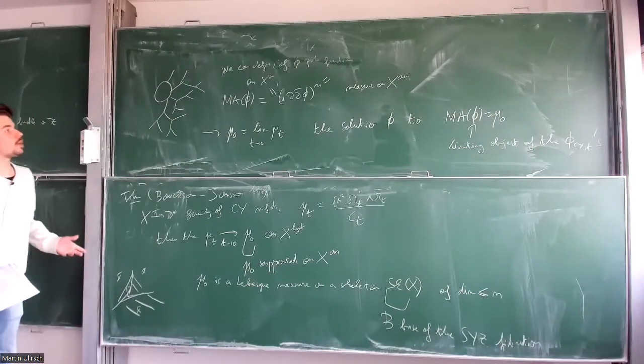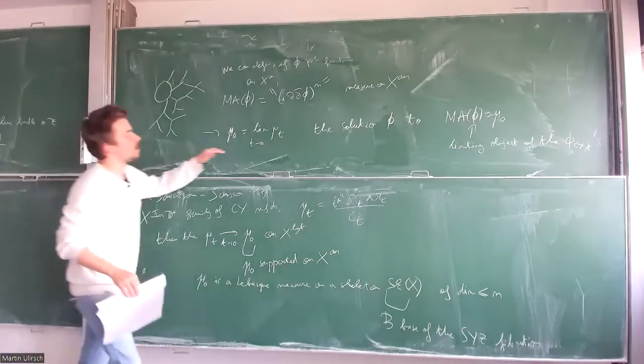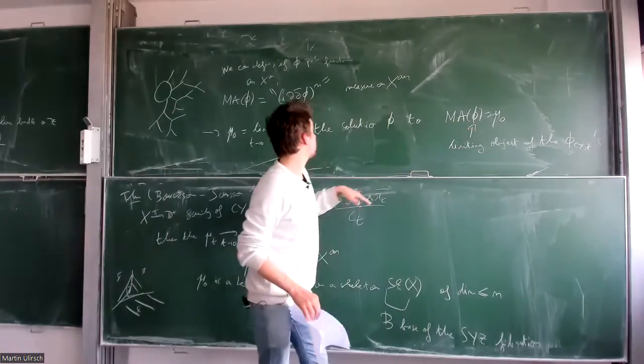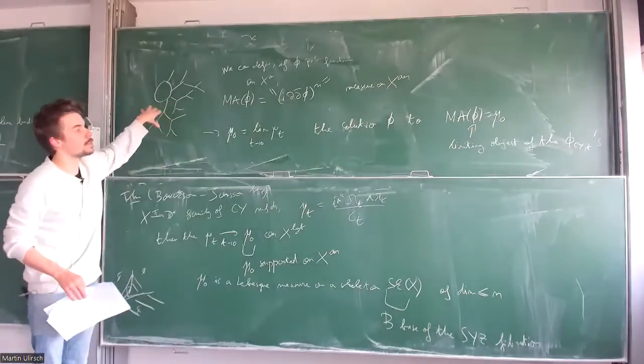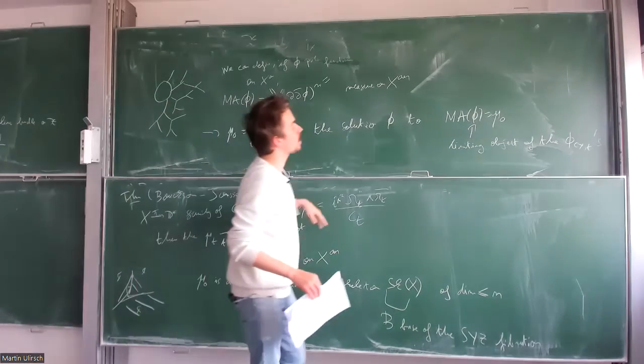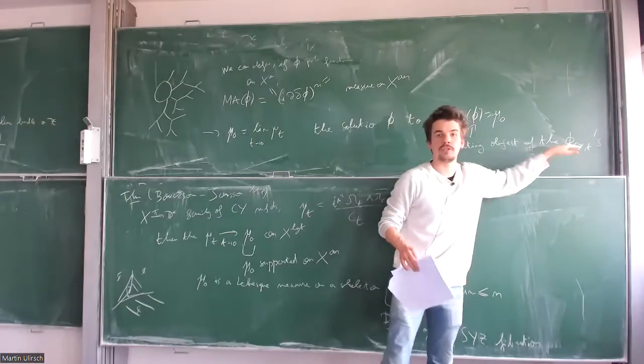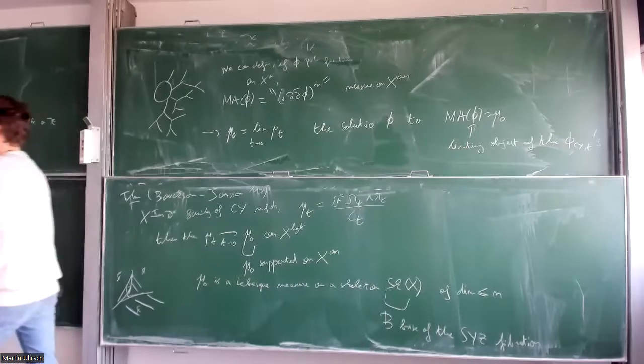So basically, we have a quite abstract object, which is somehow an infinite limit of piecewise affine functions on this space. And this should encode the asymptotic of the solution of my PDE on the complex manifold.